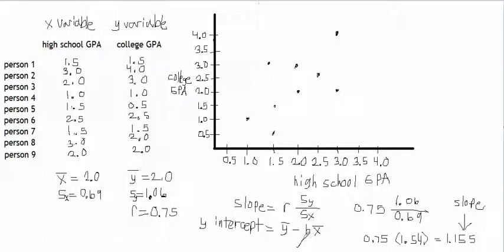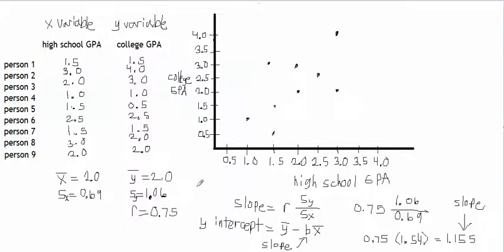So b is the slope. I know this is probably a little confusing because in algebra b is the intercept, but in this formula, in statistics, they use b for slope when you're dealing with a scatter plot.